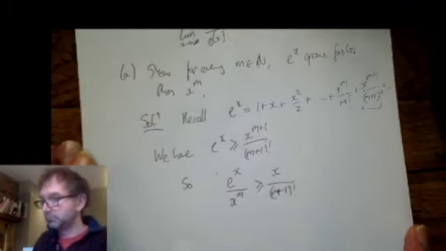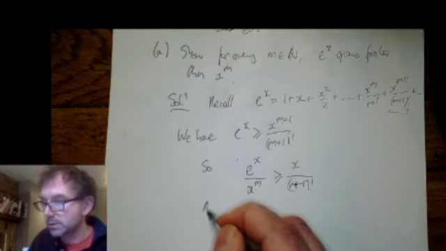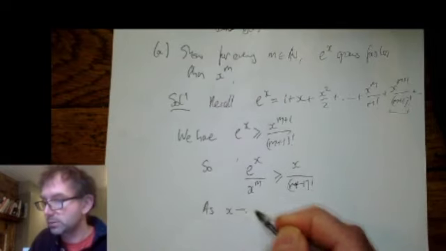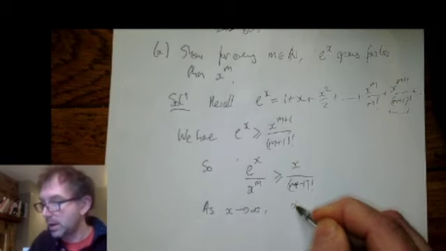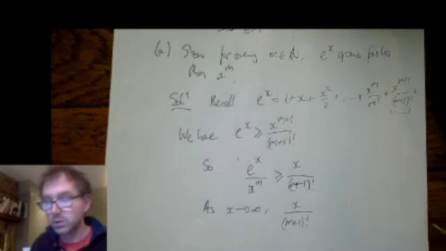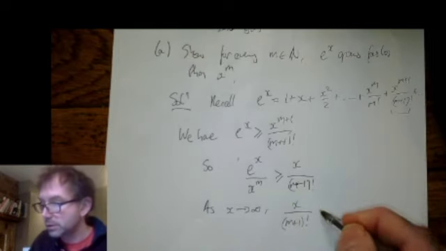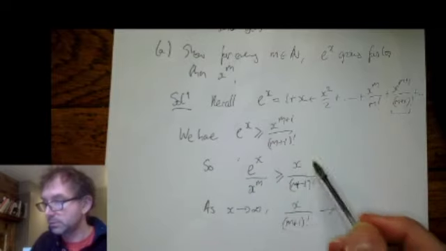Okay, so now let's just take the limits. So as x goes to infinity, x over m plus 1 factorial, so this is just a constant, this is going to infinity. But this is always bigger than this.